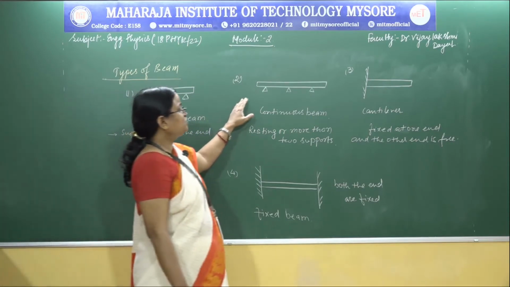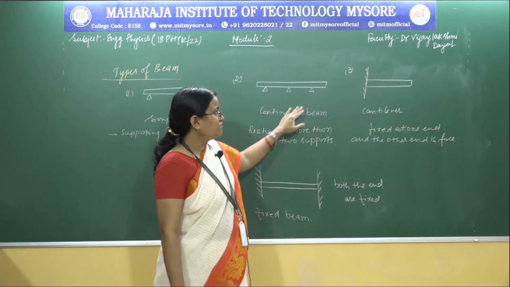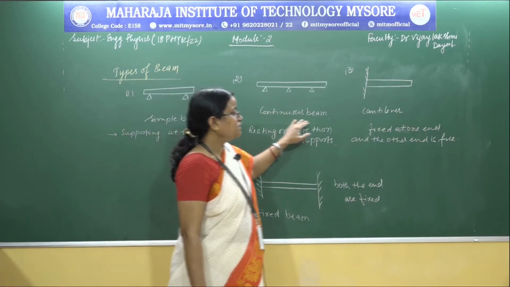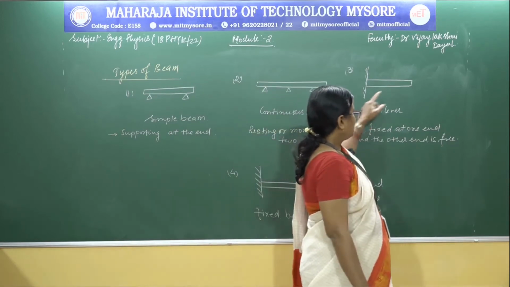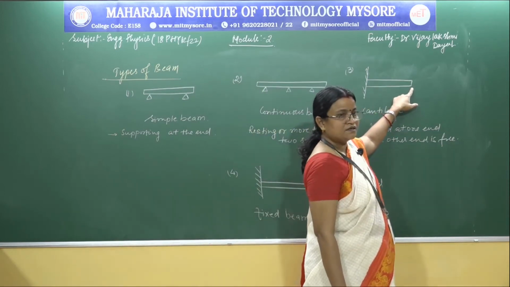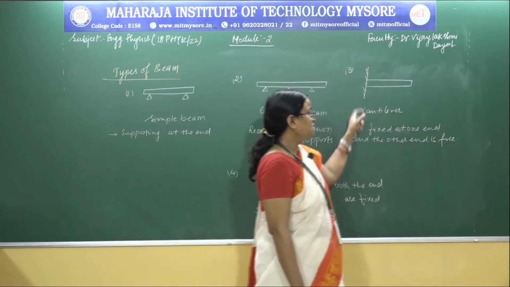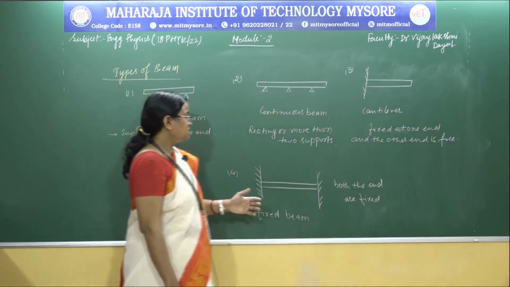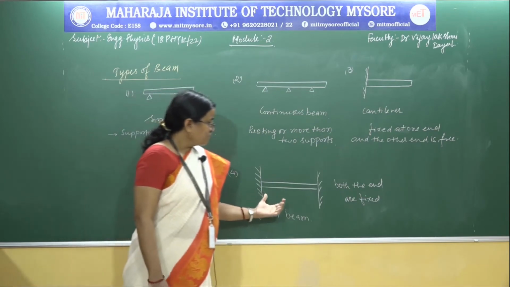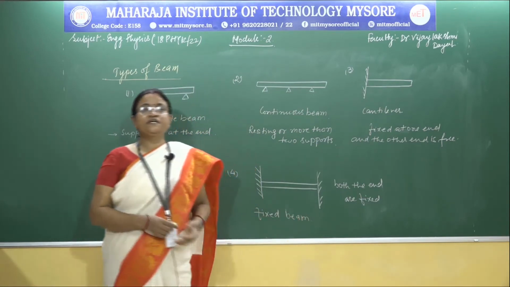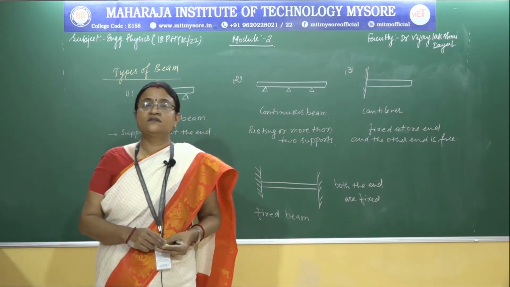When the beam has more than 2 supports, we call it a continuous beam. When the beam has one end free, so that we can apply the load, and the other end is fixed, we call it a cantilever. And the beam with both ends fixed, we call a fixed beam.